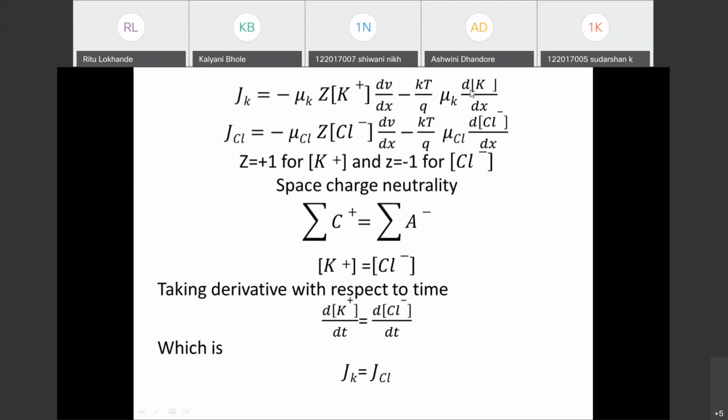If you look at these equations, dK plus upon dt is equal to dCl minus upon dt. That is, J K is equal to J Cl. The dV by dx is the same, the only difference is the mu.